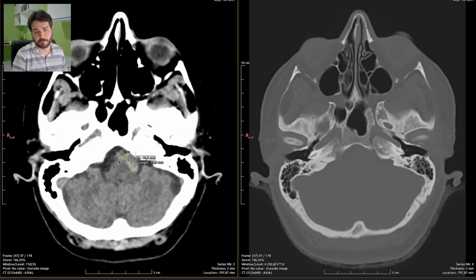It's hyper-attenuating in comparison to the cortex, well defined, and extra-axial.